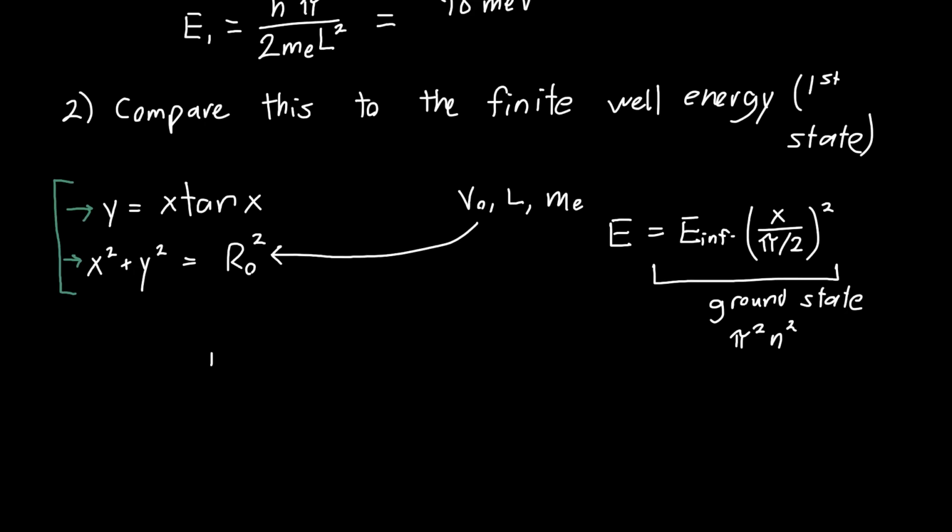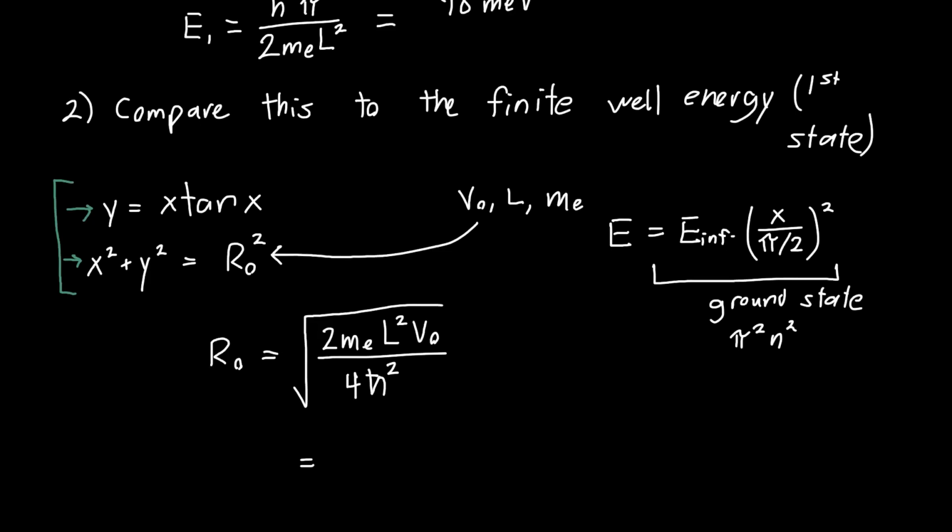So the first order of business is figuring out this r naught. In the previous video, we said that we could calculate it just from the definition. I believe it was 2m L squared times V naught over h bar squared. Or sorry, that's actually 4 h bar squared.